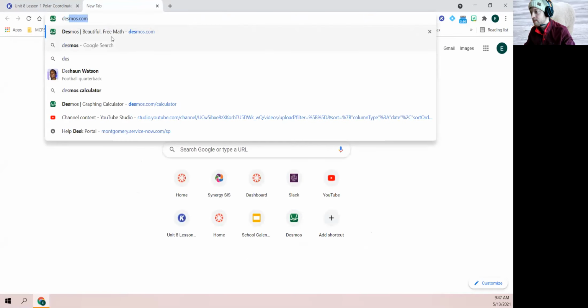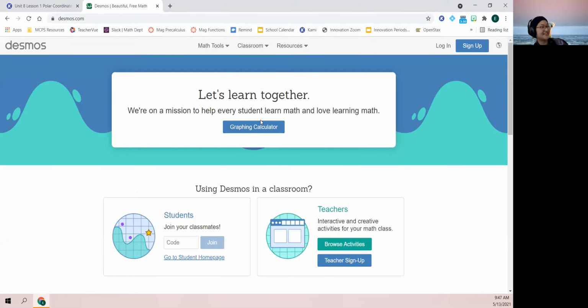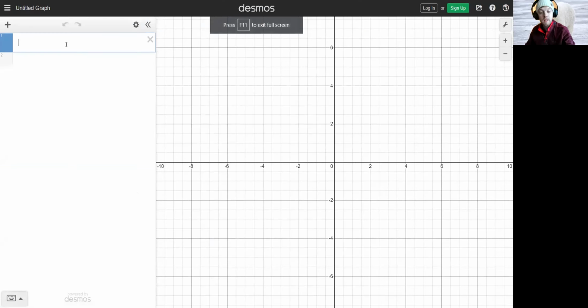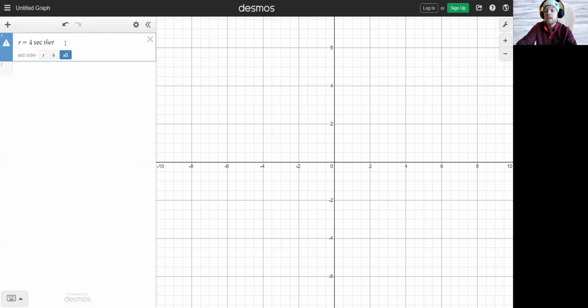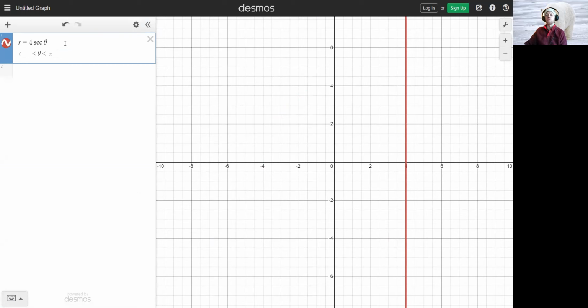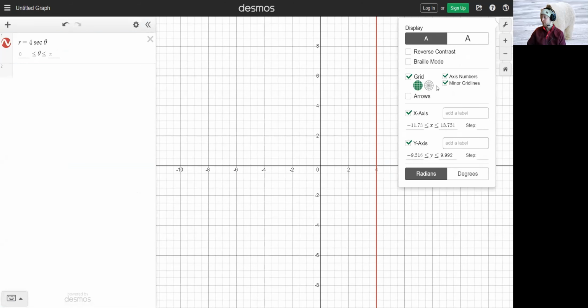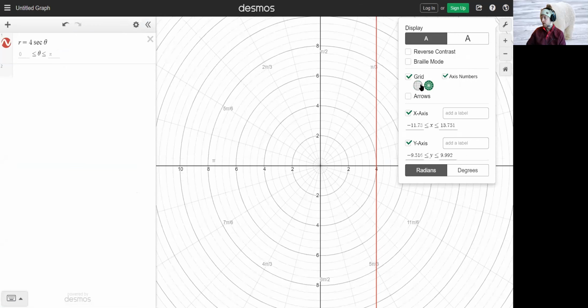This is a good moment to jump over to Desmos. If I hit theta here, it actually assumes polar. Desmos is pretty smart, but if you want to make sure that it's assuming polar, you can jump over to polar mode right here.